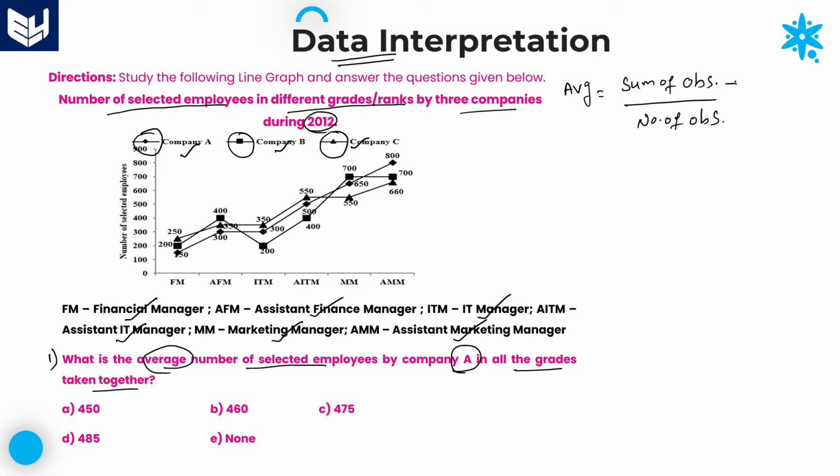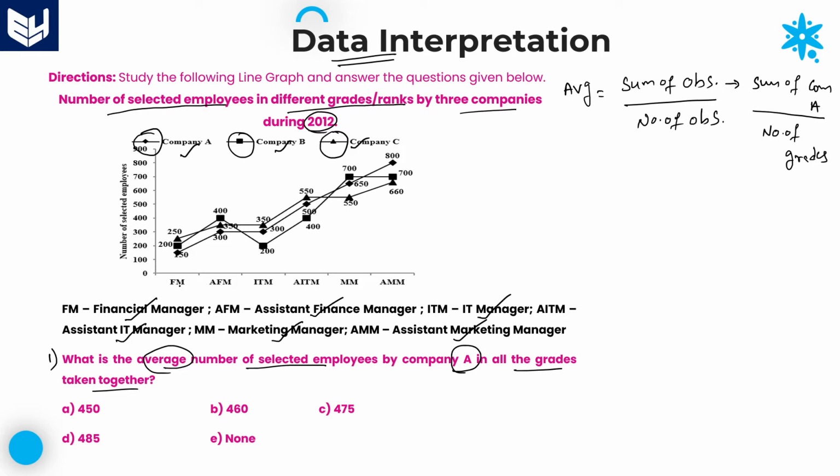Here the sum of observations is nothing but the sum of company A's values across all six different grades, divided by the number of grades that you have. The number of grades comes under the denominator.